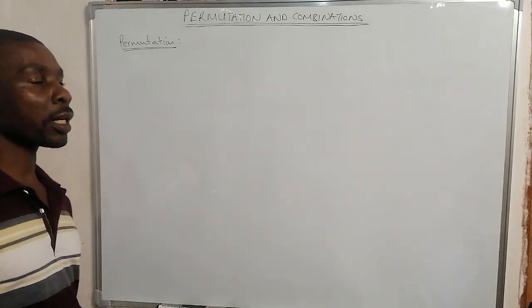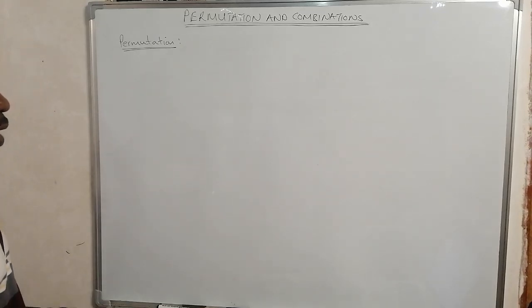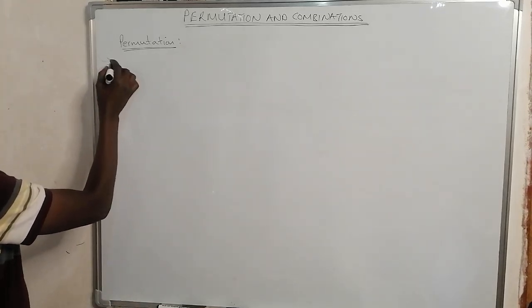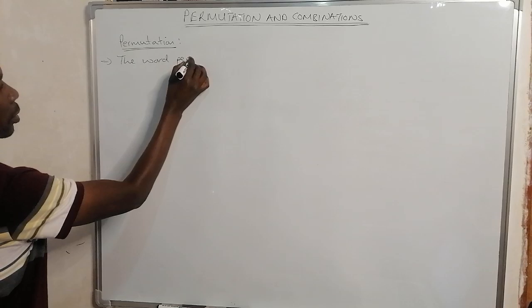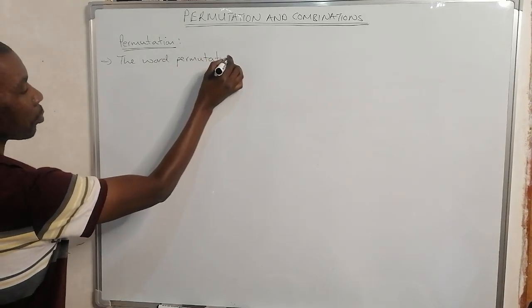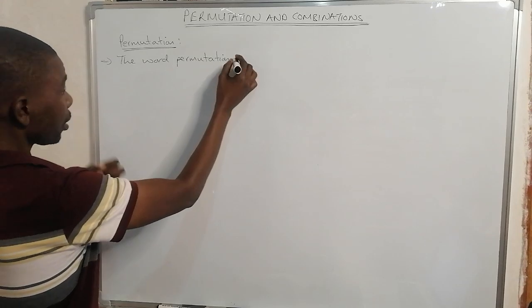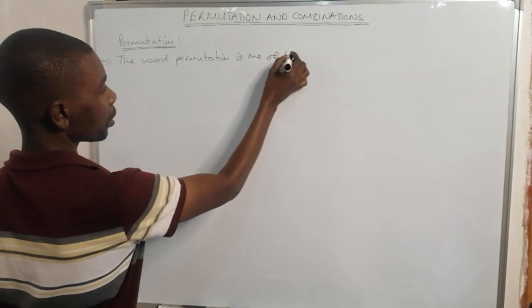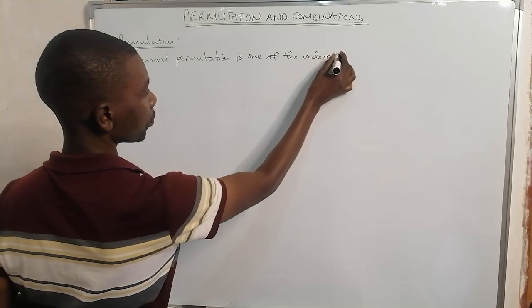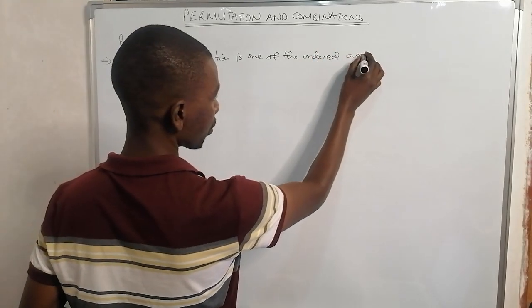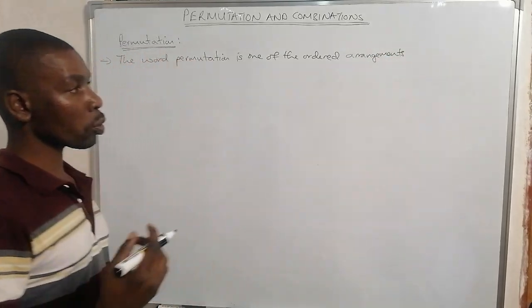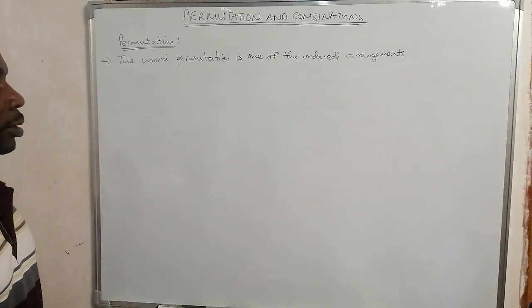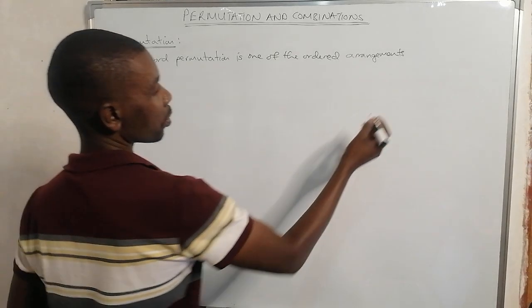The word permutation is one of the possible ordered arrangements or grouping of things.